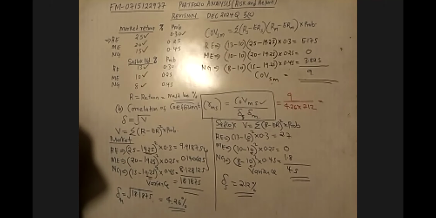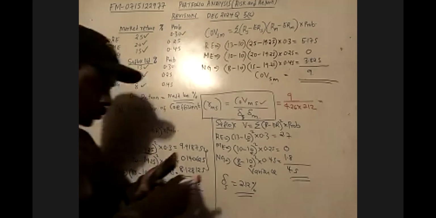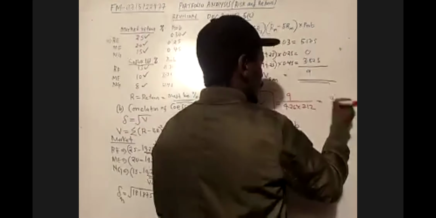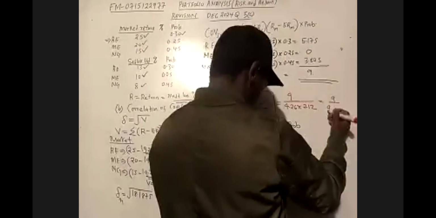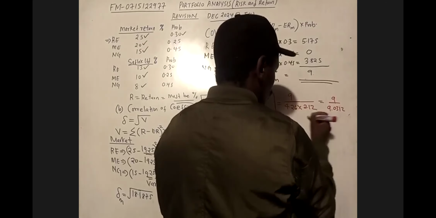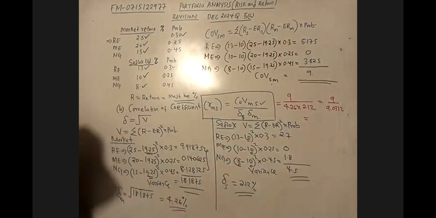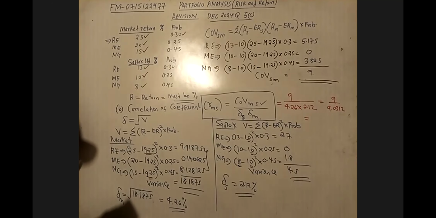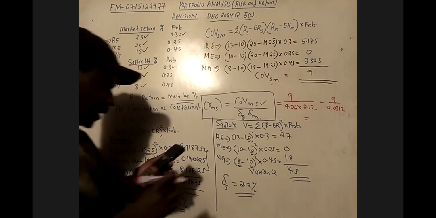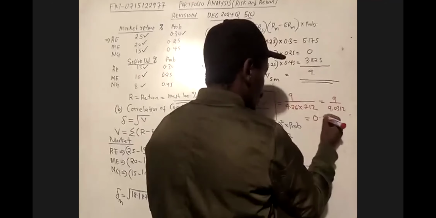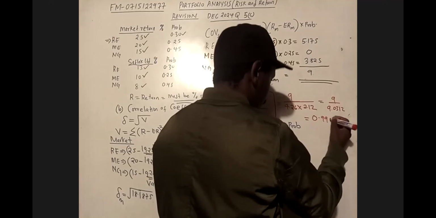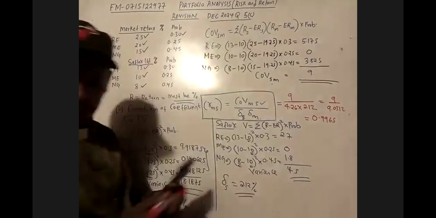This will be equal to 9 divided by 9.0312. So what will be the correlation coefficient? 9 divided by the answer, which is 0.9965.